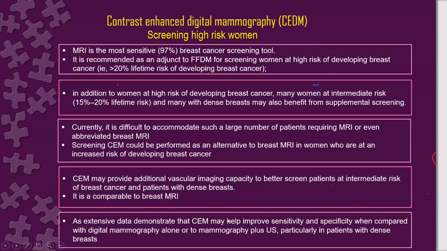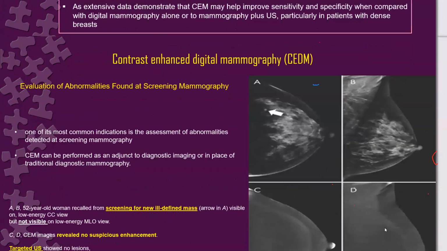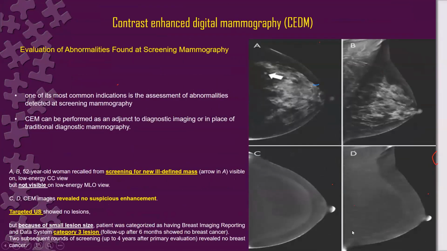Extensive data demonstrate that contrast enhancement may improve sensitivity and specificity when compared to digital mammography alone or to digital mammography plus ultrasound, particularly in patients with dense breasts. So it can be useful as a screening adjunctive tool.